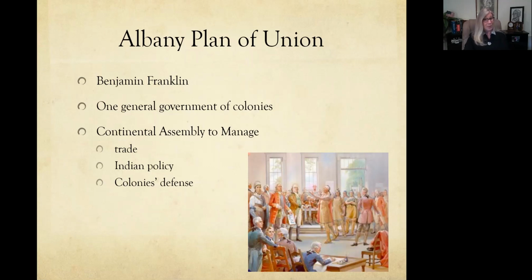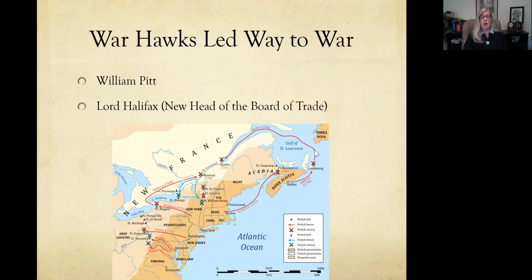But it's important because this is the first attempt that we see of the idea of unification being floated about among the colonists. There are people in England who would much prefer that war take place and to claim more of this territory in North America for the British. William Pitt is going to be leading the way there.